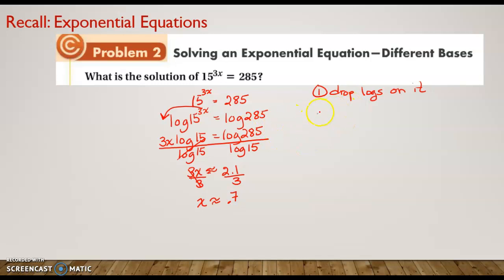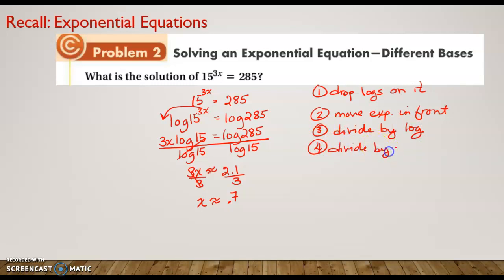And then you use your property, move the exponent in front. Divide by the log. And then divide by your coefficient. And that will let you solve it.